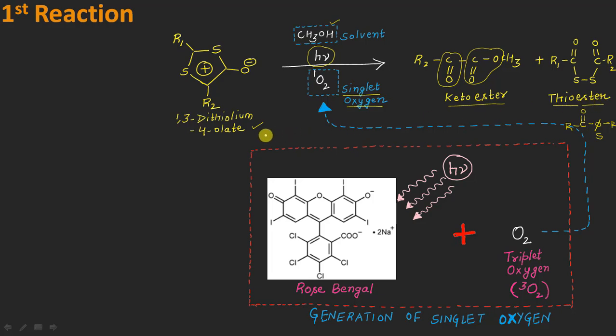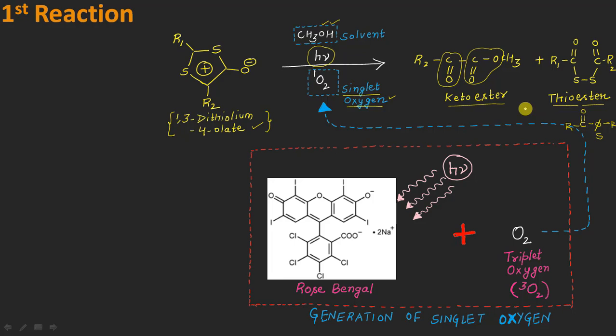So once again, this is the very first reaction which we will be talking about in detail. It is the conversion of this 1,3-dithiolium 4-olate molecule in the presence of singlet oxygen as well as methanol as a solvent. And what we get here is the ketoester plus a molecule of thioester, right?